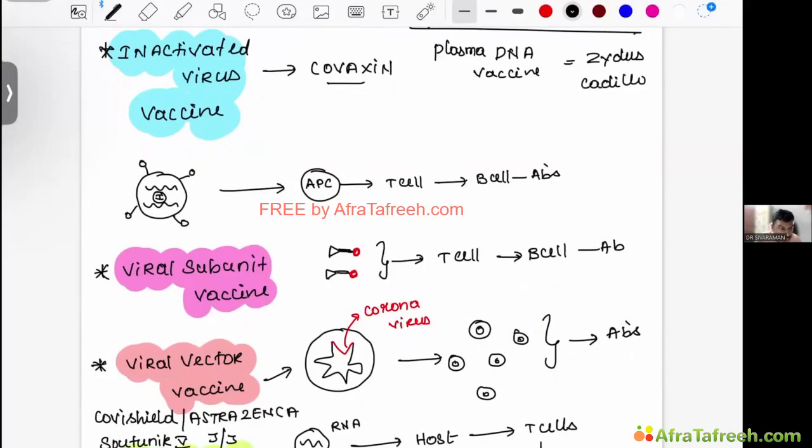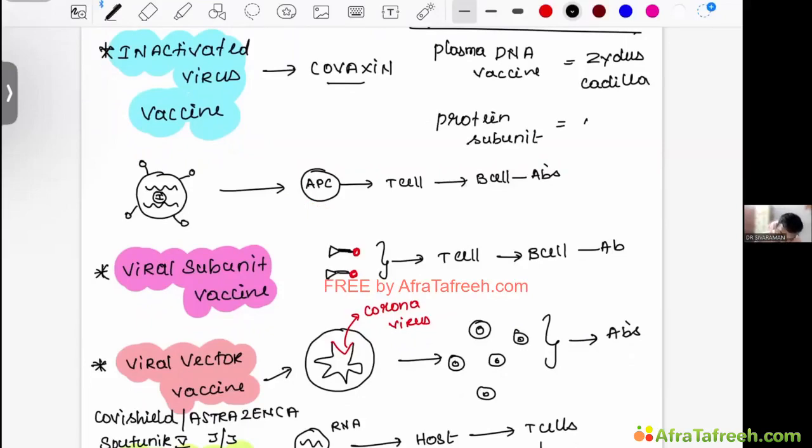Then there is the protein subunit vaccine, which is Novavax. Nova means new protein, so remember Novavax is new protein. Zydus Cadila has D, D, DNA vaccine. Inactivated virus means Covaxin.